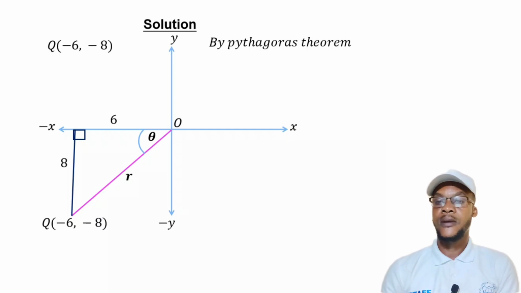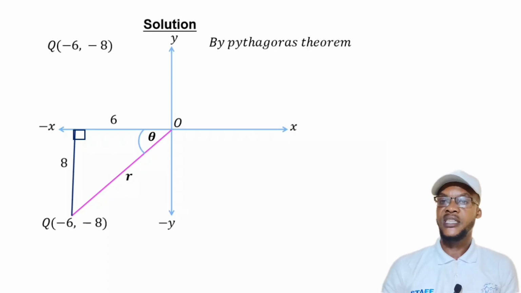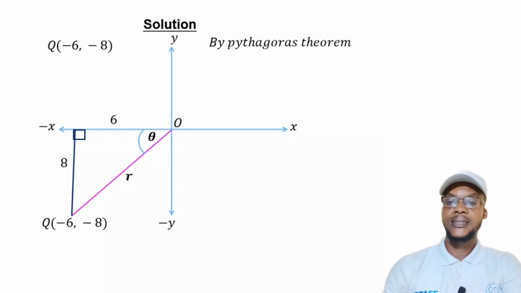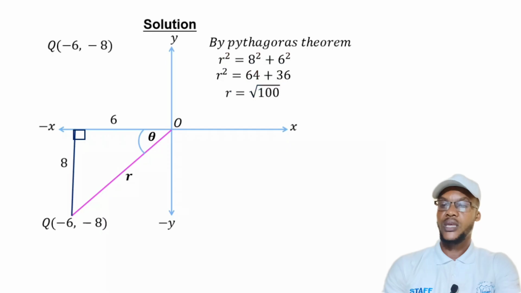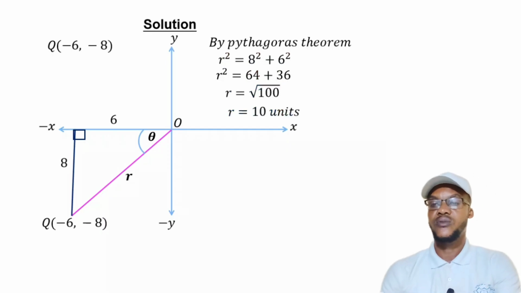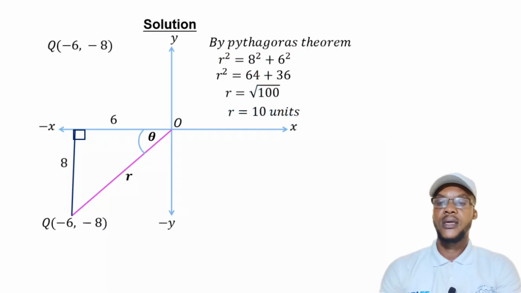It says that the square of the longest side of the right angle triangle is equal to the sum of squares of the two other sides. All right, good. So by Pythagoras, our R squared is equal to 8 squared plus 6 squared. Then we work things out and we get our final answer as 10 units for the terminal side.